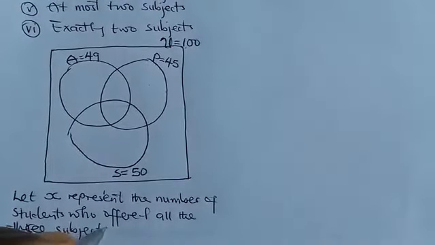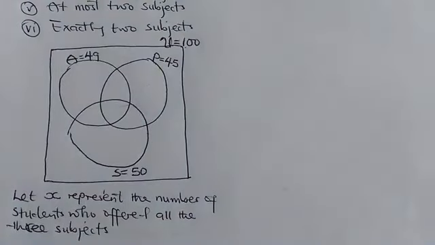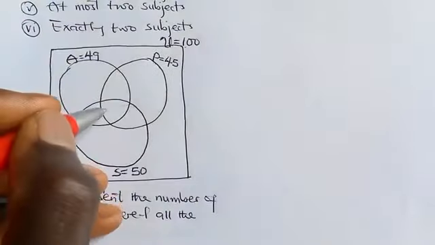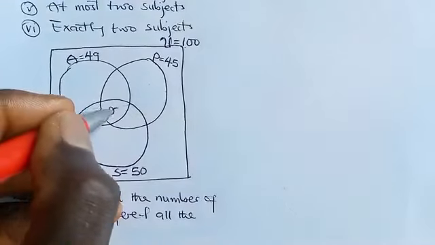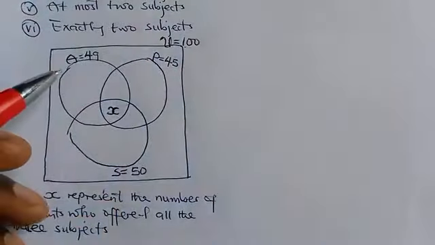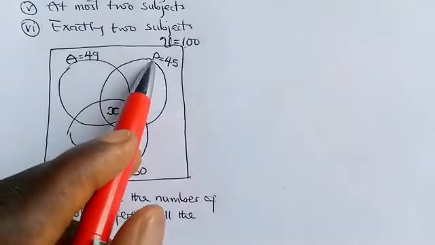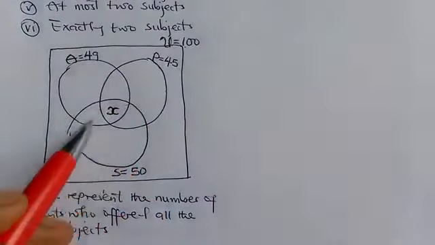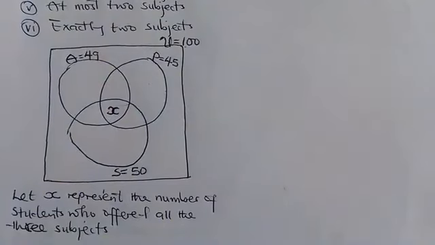So if X represents the number of students that offer the three subjects, in this part where the three oval shapes, that is a subset for algebra, subset for physics, and subset for statistics overlaps, we are going to write X there. Later on, we'll get to find the value of X.